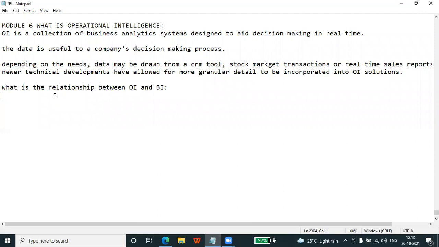But recent years have seen the emergence of more advanced technologies that have promoted the development of operational intelligence systems. Operational intelligence is often described as the next generation of business intelligence, a reference to the clear lineage shared by the two schools of data analytics.